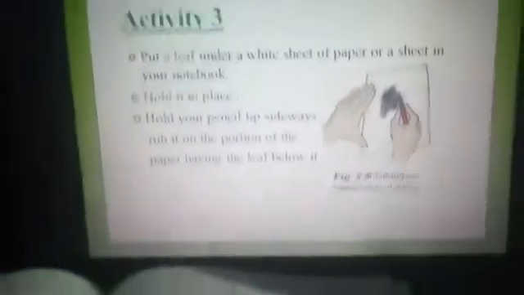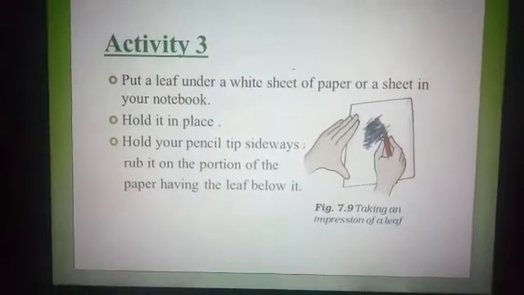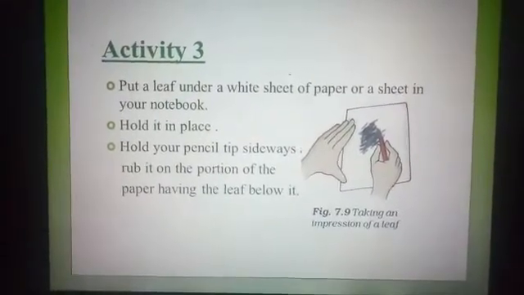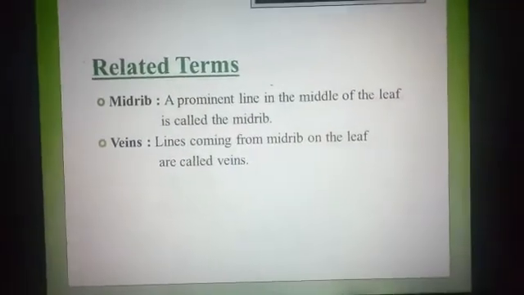Have a look, right? So the midrib you are observing, veins, and the whole structure of the leaf also. The margin of the leaf you are also observing, right? The whole leaf you are observing here. So this is about the impression of a leaf, and this activity is taken from your textbook, right? Figure 7.9.